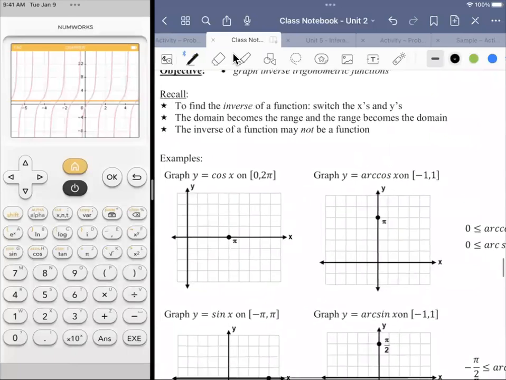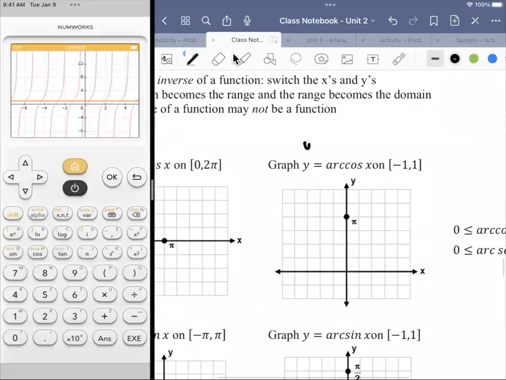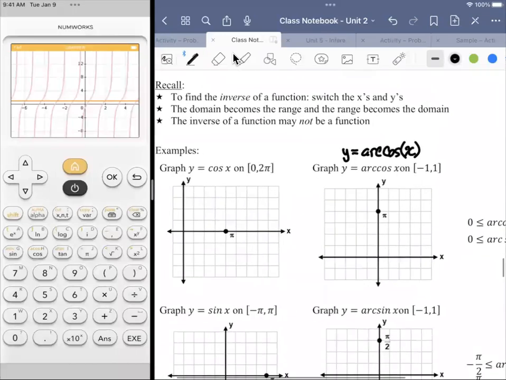It's just weird the way it came out. This should be y equals the arccosine of x. I'm just going to very quickly do a cosine function on the domain of 0 to 2 pi. Here's 2 pi. I'm going to call this 1 here and this -1, just to use a little bit more of the graph.